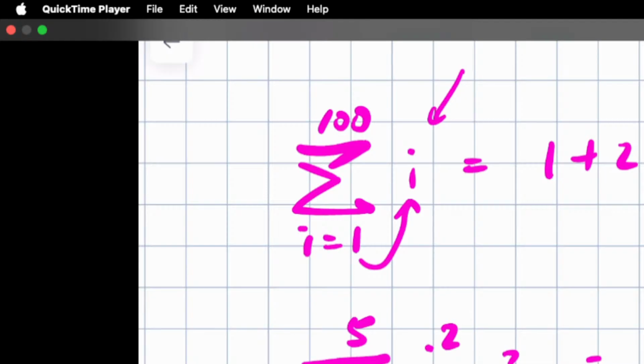Remember, Gauss said, if you have the summation of i equal to 1 to 100 of i, well, we know n is the last term, which is 100, over 2 times n plus 1, which is 100 plus 1. It's the same thing we got, 50 times 101. So he came up with this formula at the age of 8. That's why he's super smart.